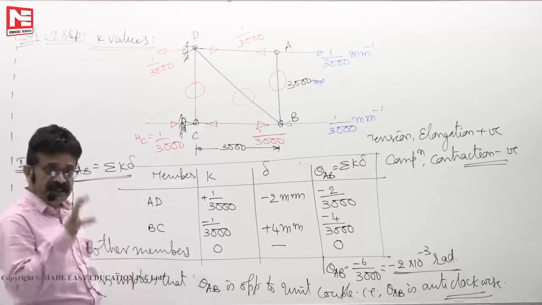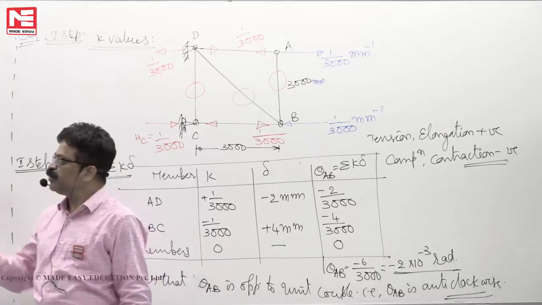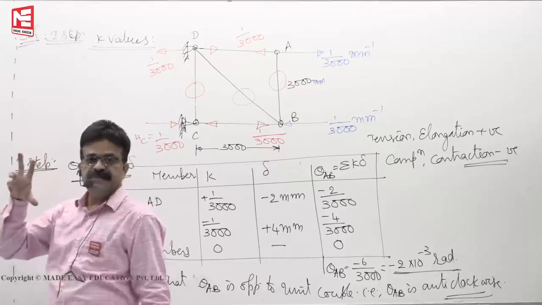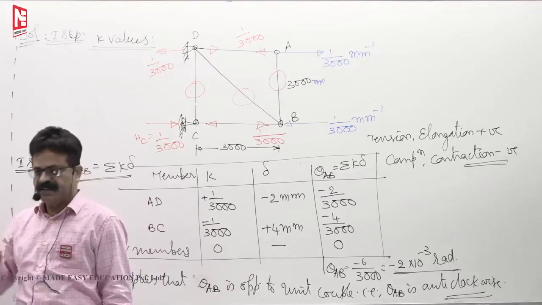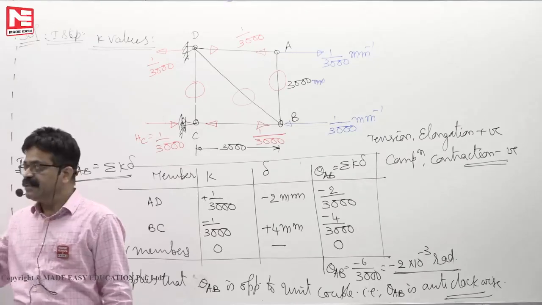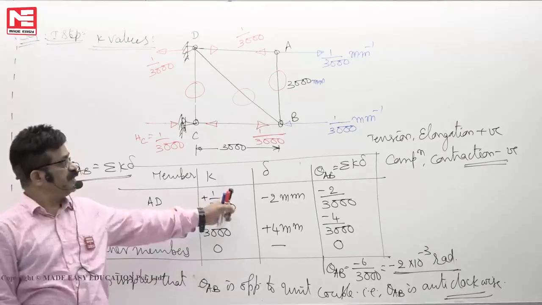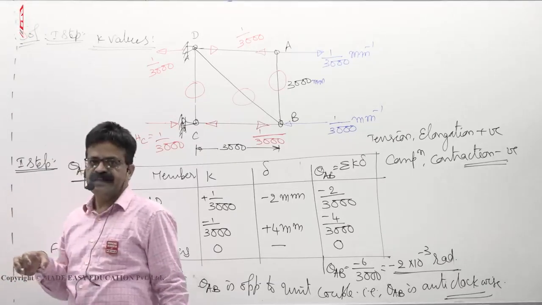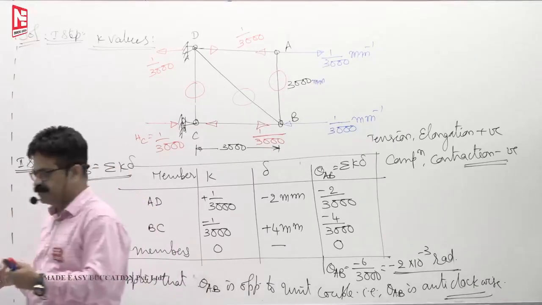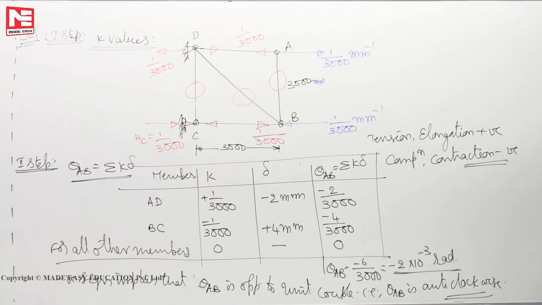That method you can apply only if you know the displacements of the member in the perpendicular direction. Then rotation you can find. Those fundamentals will help you complete the problem fast. So that second method we'll see now.